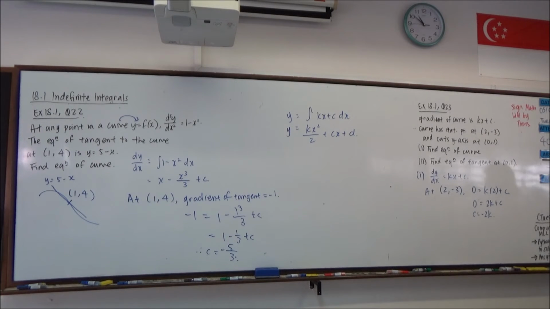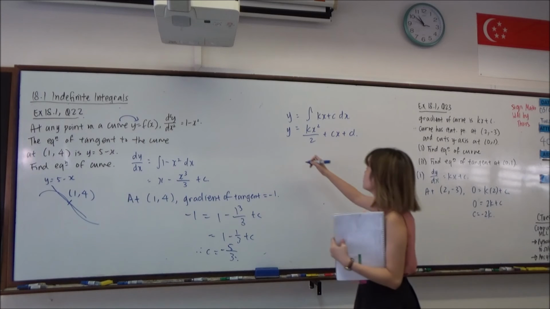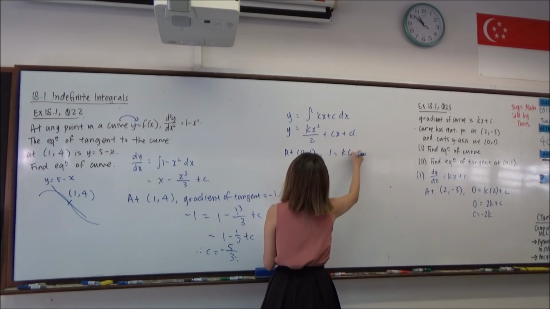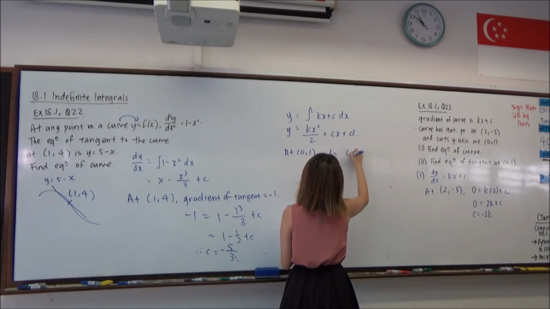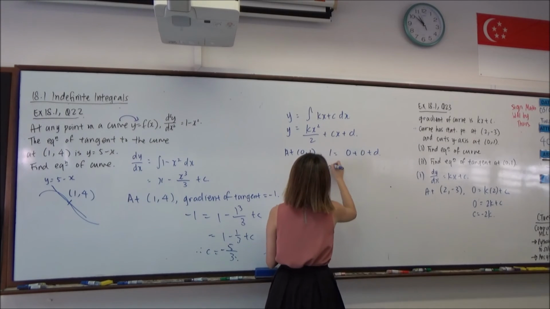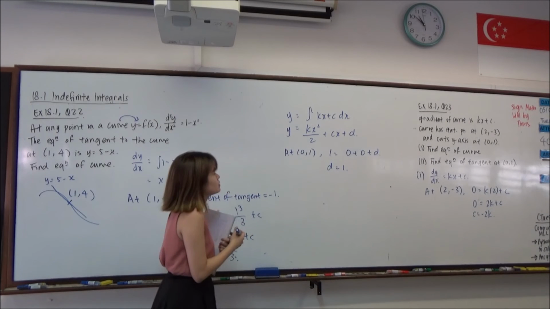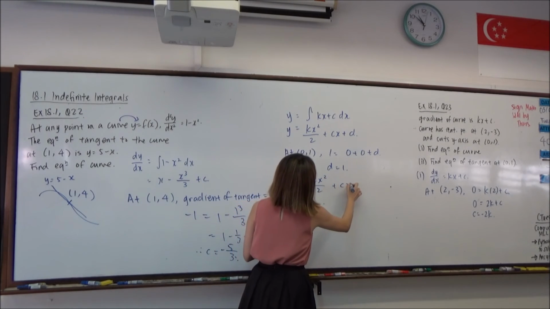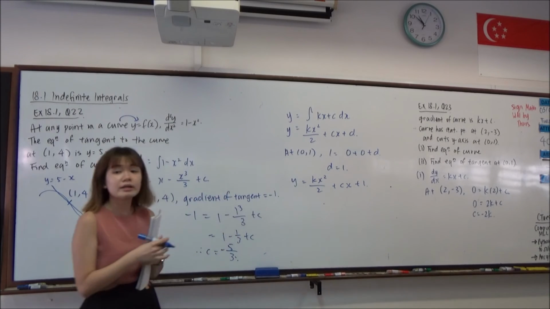Sub in, okay, at 0, 1, sure. This is just 0, right? So we know that d is equal to 1. So up to here, that means that we will be getting this. Right?